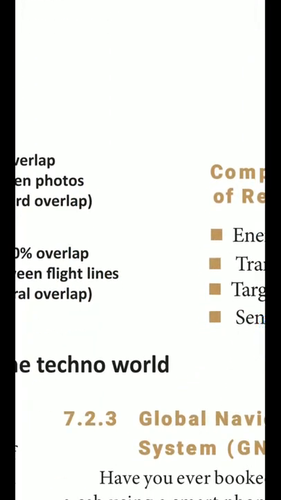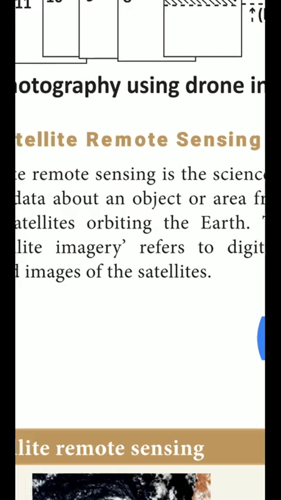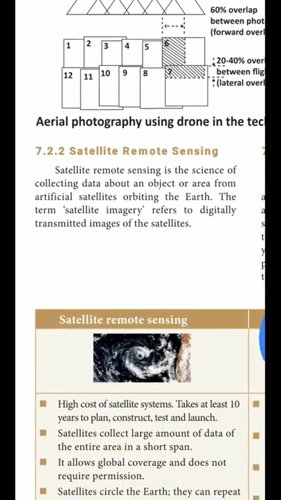Satellite remote sensing is the science of collecting data about an object or area from artificial satellite orbiting the earth. The term satellite imaginary refers to digitally transmitted images of the satellite. The preliminary data is retrieved from satellite like Landsat, Cartosat, Oceanosat, etc.